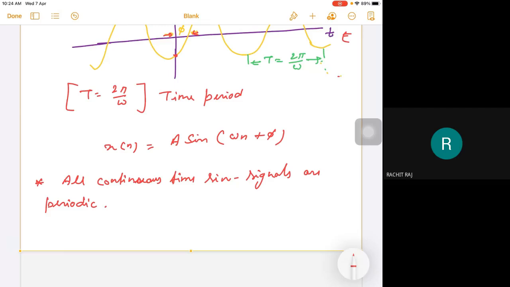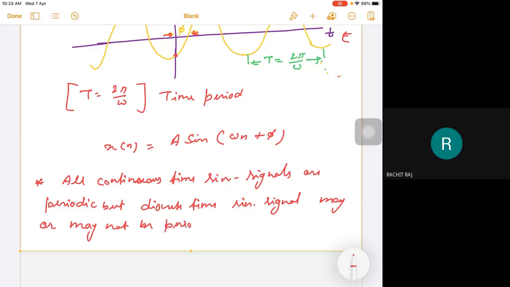So periodic, but here is the important point: discrete time sinusoidal signals, or you can say sequences, may or may not be periodic, depending upon the value of omega.